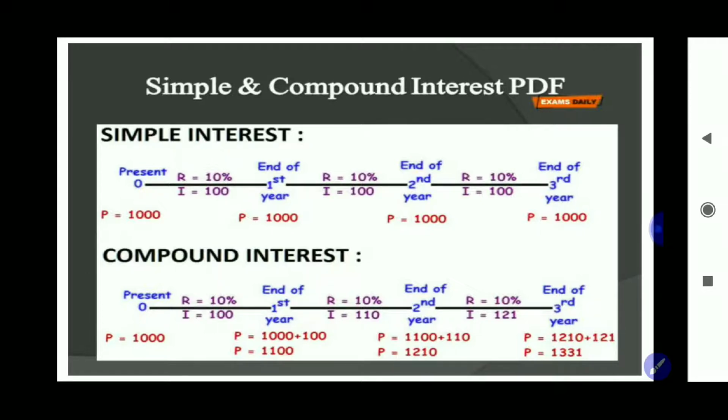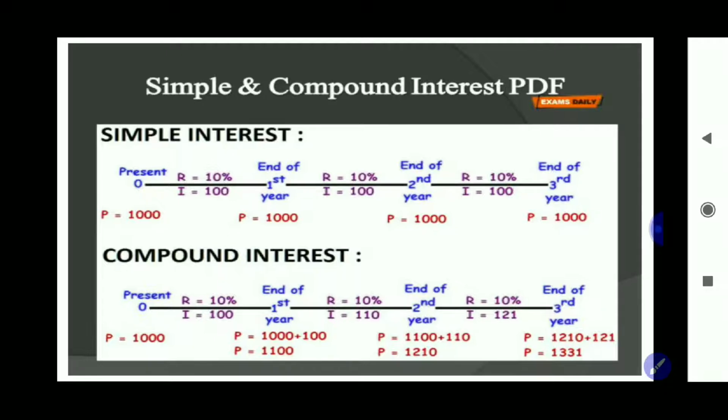Now observe compound interest. The lent money is 1000, interest rate is 10%. At the end of the first year, interest is 100 rupees. This 100 rupees is added to the principal. So at the end of the first year, the principal becomes 1000 plus 100, that means 1100.